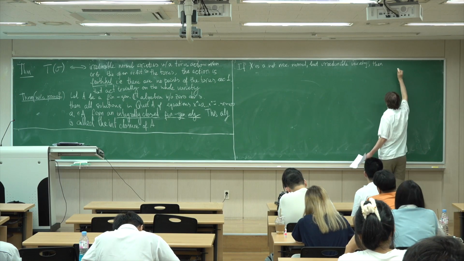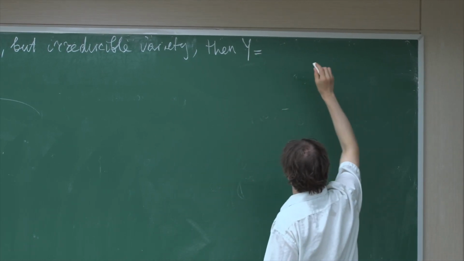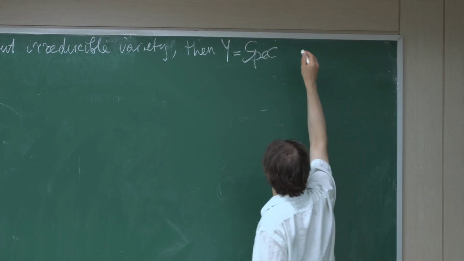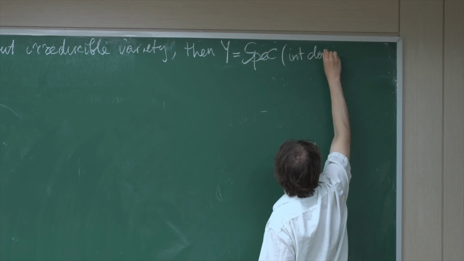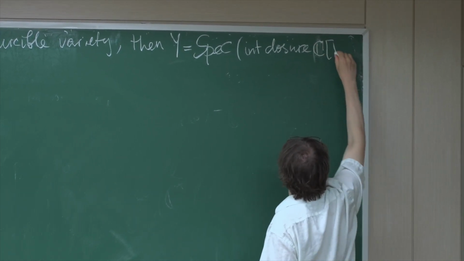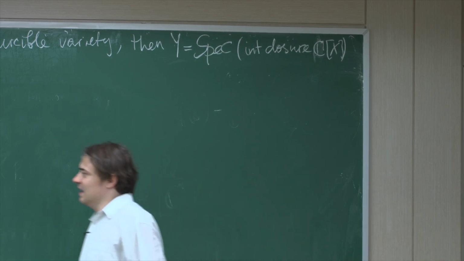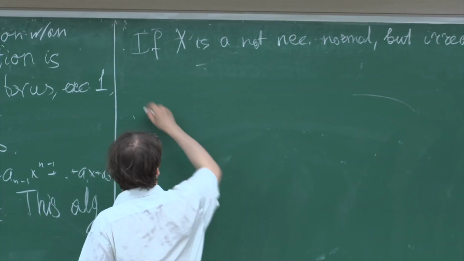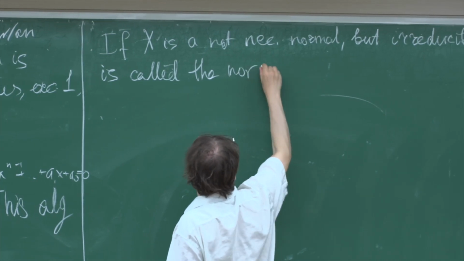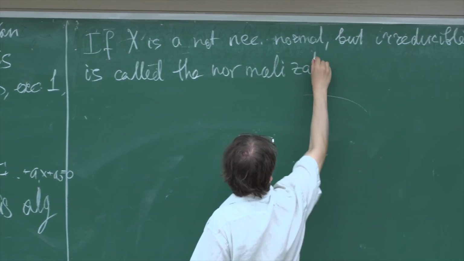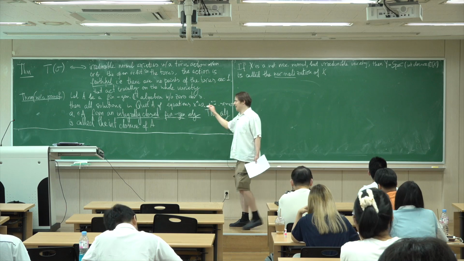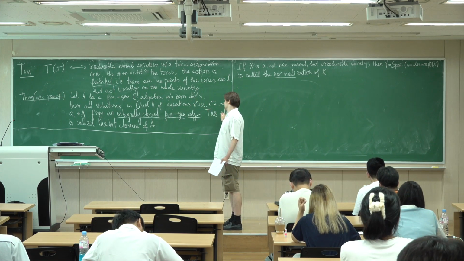Then Y equals spectrum of this integral closure of C of X is called the normalization of X. So here we have a morphism, an embedding of the algebra into its integral closure.